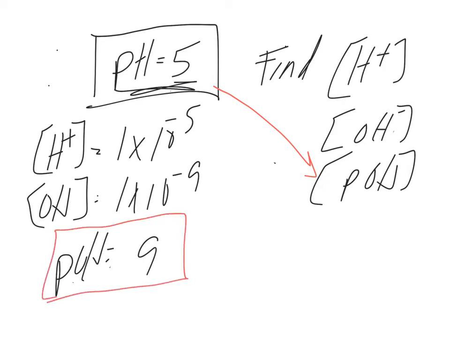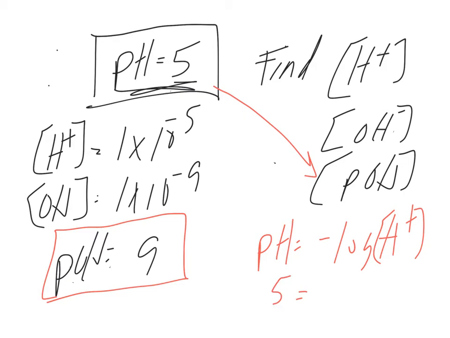Now for me, I did this. I said the pH was equal to the opposite of the log of the concentration of H plus. In this case, I know the pH is 5, so to find the concentration of H plus, I have to raise 10 to the minus 5, which should be the concentration of H plus.